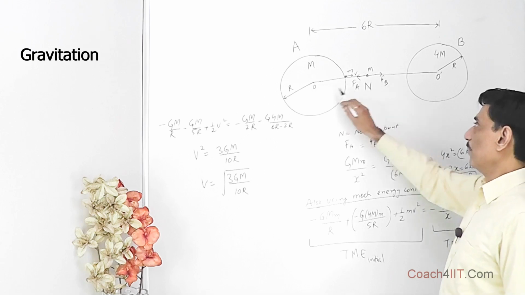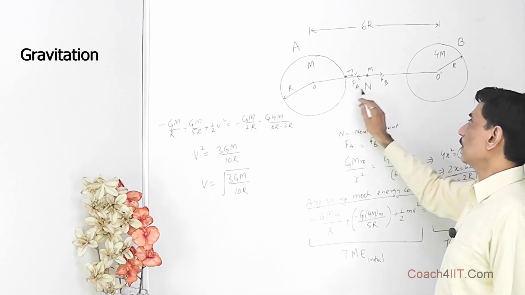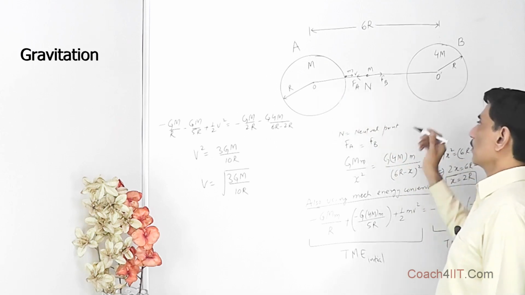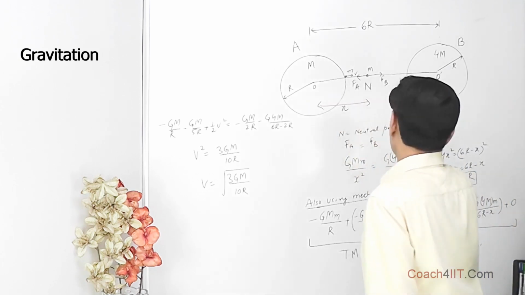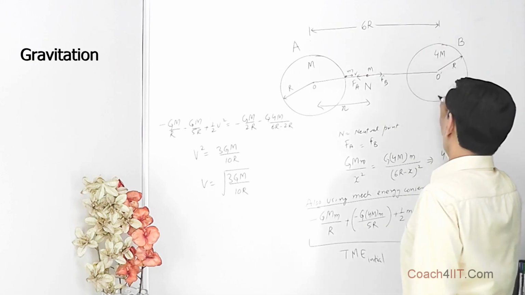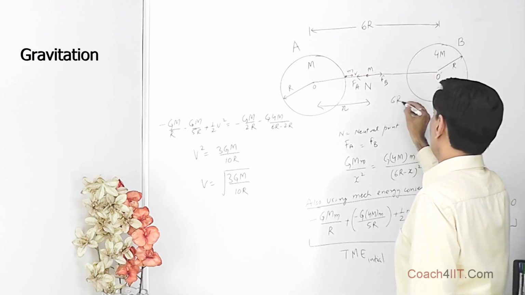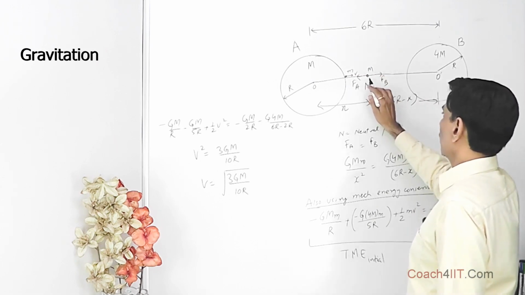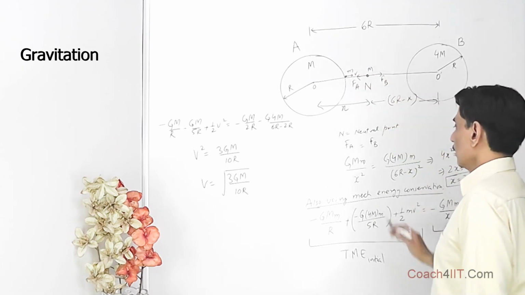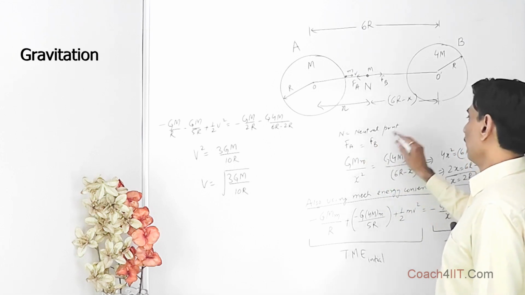For that, we first have to find the neutral point, that is, where the neutral point is with respect to the centers of these spheres. Let's take it at a distance x from this center. Total is 6r, so the distance from the other center is going to be 6r minus x. At the neutral point, Fa is equal to Fb.